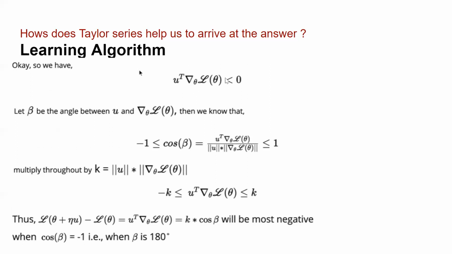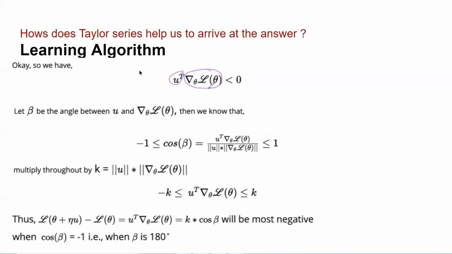Now if I have to further reduce it, this U is my one vector, and this is my another vector. Now if I say that beta is the angle between these two vectors, then by the dot product rule I can reduce this equation to this form.